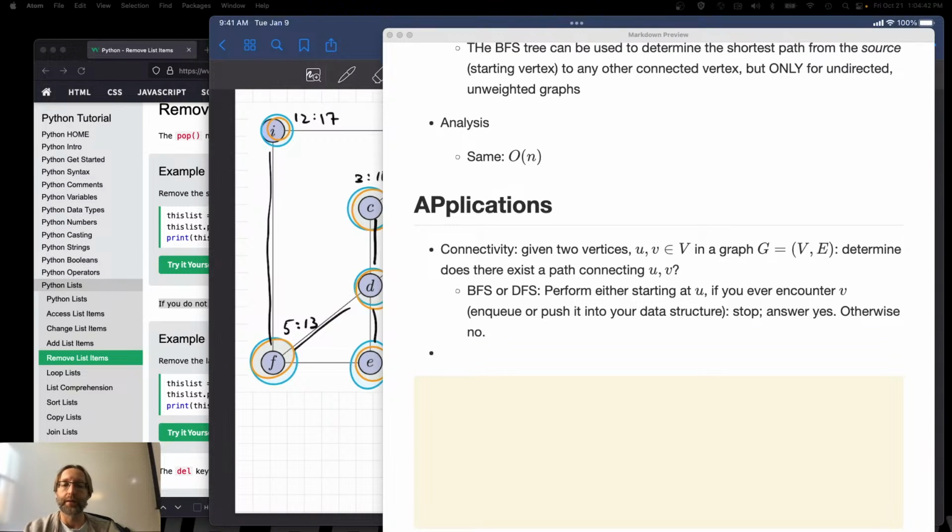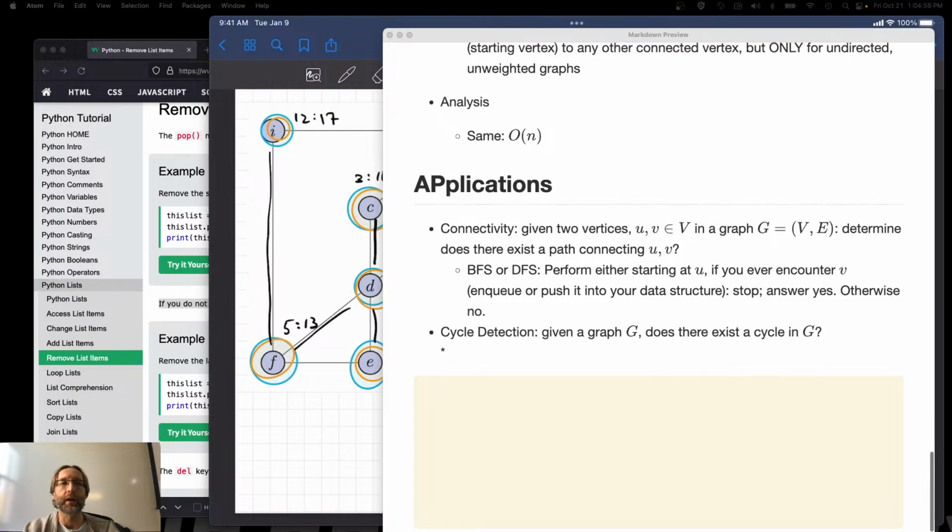Another application here, cycle detection. We've talked about this before. Given a graph G, does there exist a cycle in G? Or, alternatively, if it doesn't contain a cycle, what kind of graph is it?